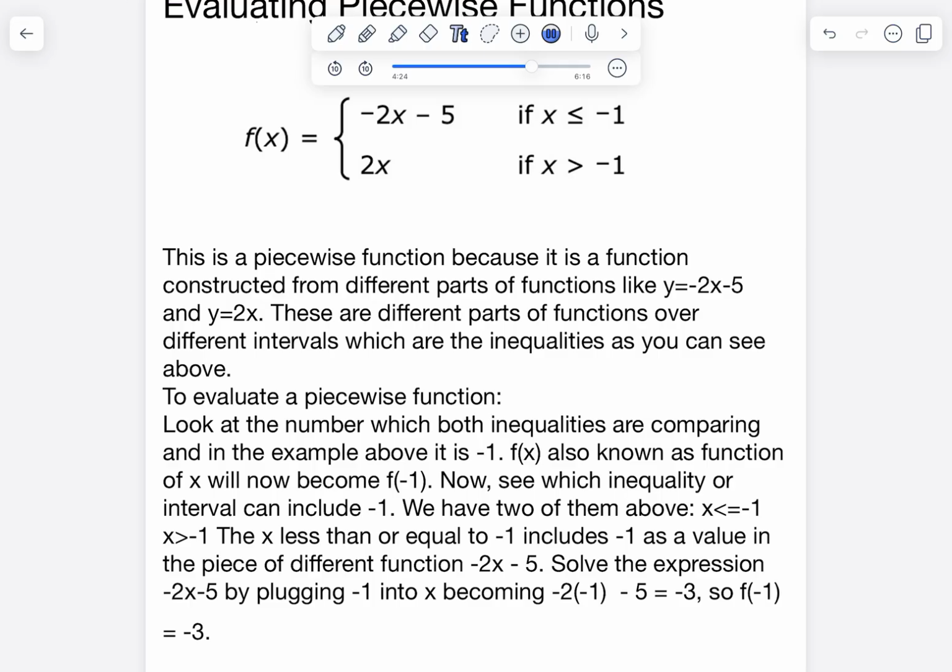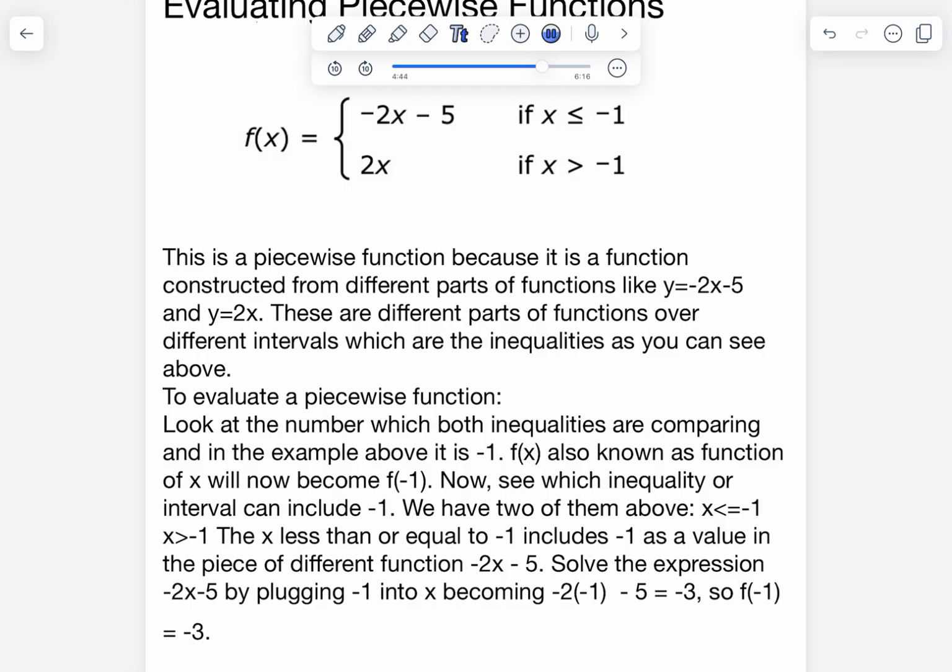So it will always be like this. The piecewise functions will always be like this. There is no piecewise function which will have both inequalities including negative 1, right?